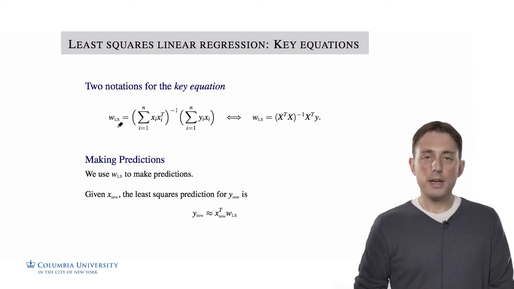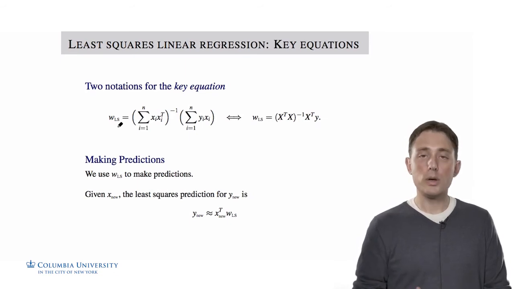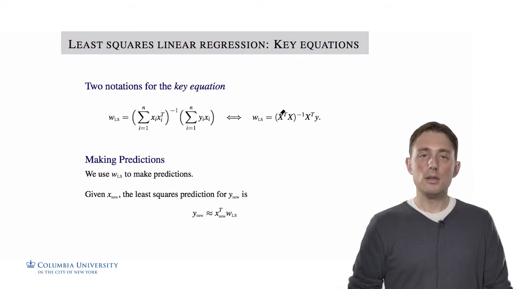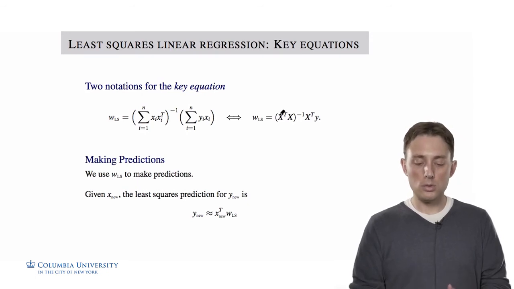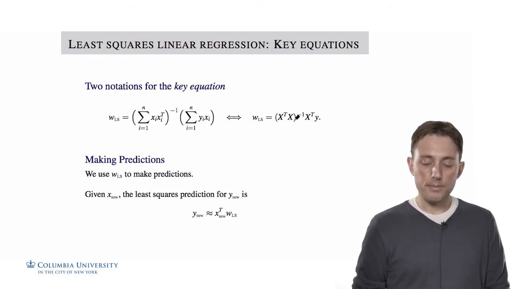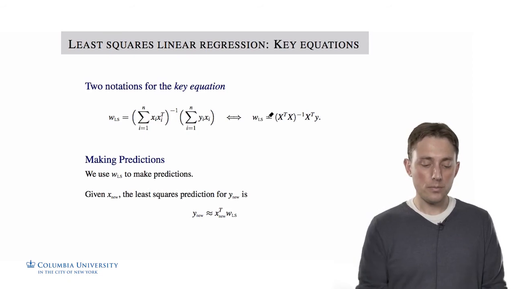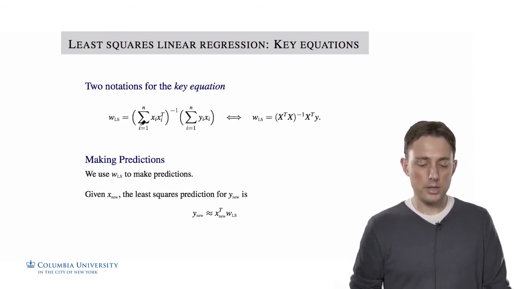The vector w that minimizes the sum of squared errors, the least squares solution, can be written as either the inverse of the matrix formed by taking all of the inputs and putting them along the rows, as well as adding a column of ones to the first column, taking that product, inverting it, and then multiplying it by this matrix vector product, and so the result is a vector of dimension d plus 1. Or similarly, we could write it this way. It's saying exactly the same thing in different notation.